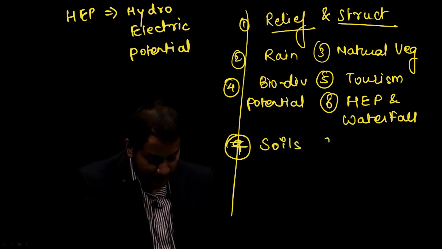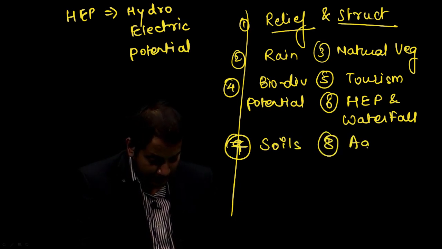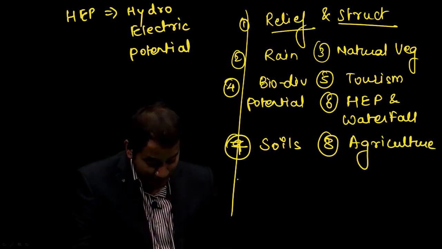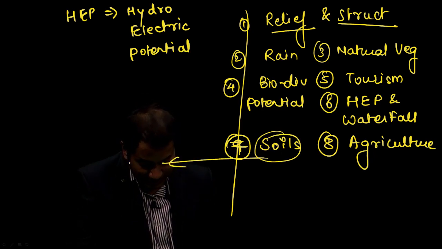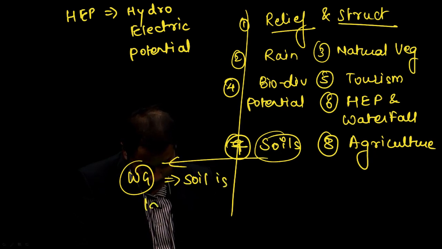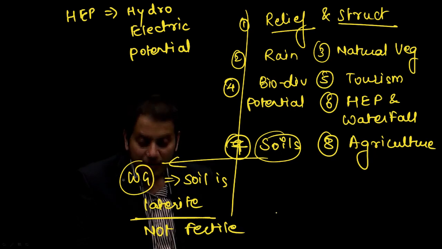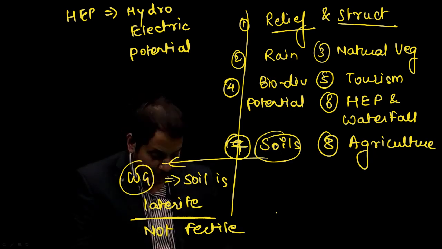We did it in terms of agriculture. Obviously agriculture, because here the soil is laterite soil and in the Western Ghats the soil is laterite. And remember, the laterite soil is not fertile. We will do that later on in detail while doing the soils.